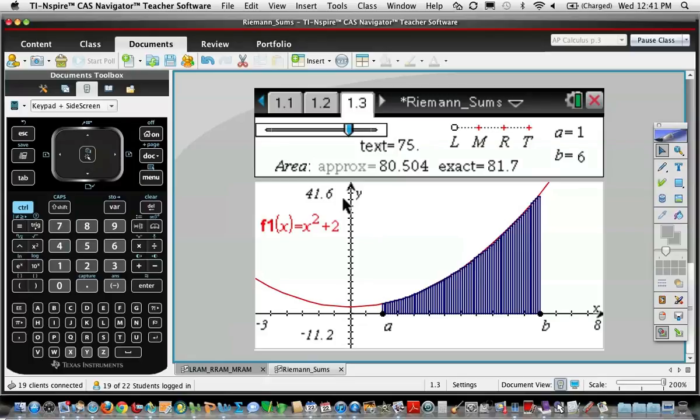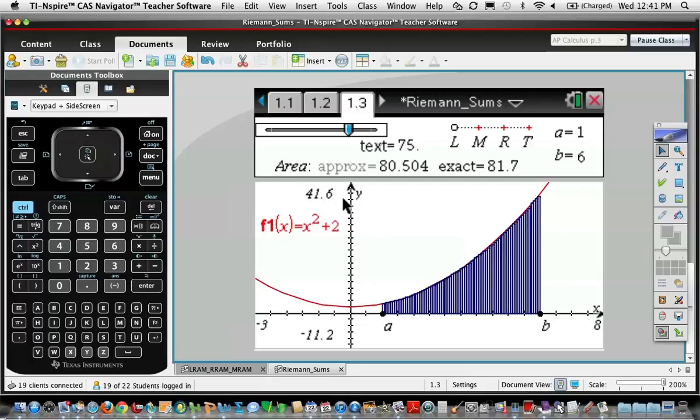Now compare that to something we've already done this year. Well, no, because we did do a little bit of area. But we don't know how to find the area under this curve. It's not geometry.